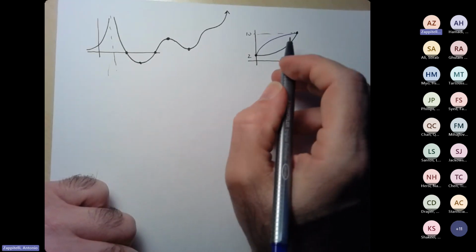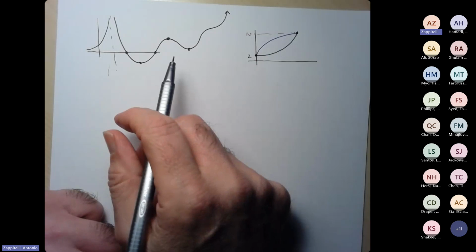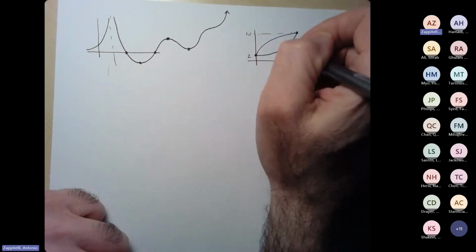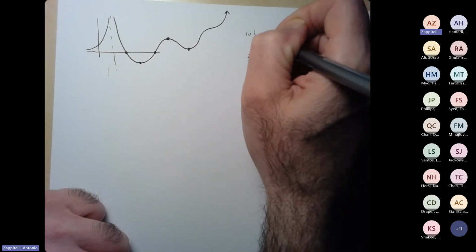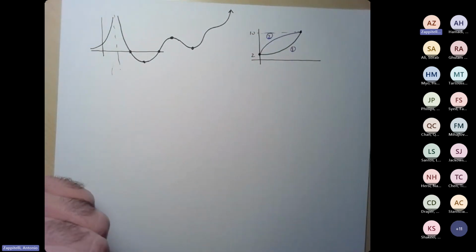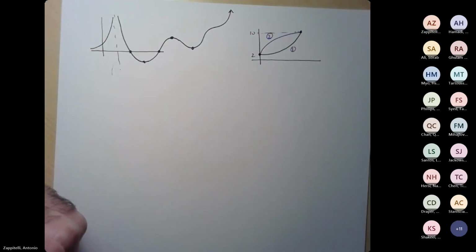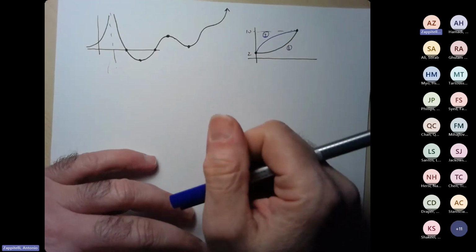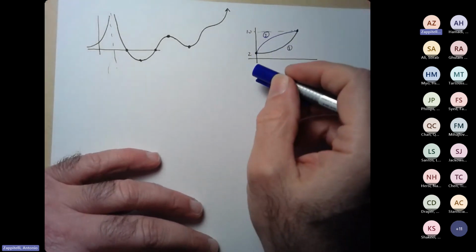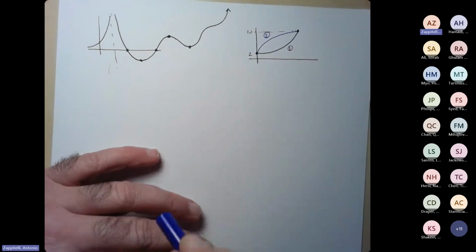Were they both increasing the whole time? Yes. But if you had to choose, would you choose stock one or stock two if you had to buy it now? Based on these graphs, which one would you choose? I think pretty much everybody would choose stock one because you're saying, oh, look at that, it's on the increase, or this one, it's slowing down the increase.